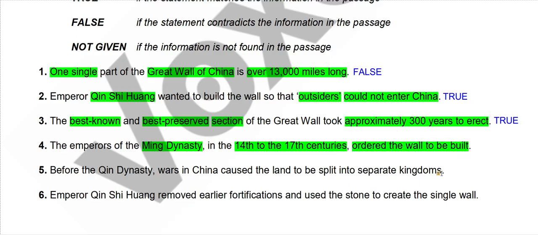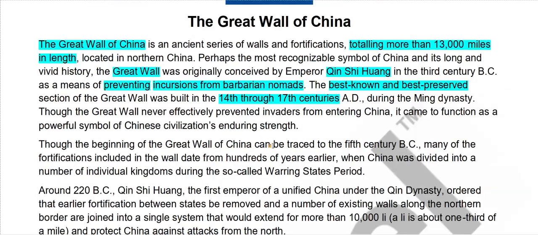If they started constructing the wall, we will say true. But if they didn't start constructing this particular wall, if it was before them, we will say false. But if we don't know when the wall began construction, we will say not given.